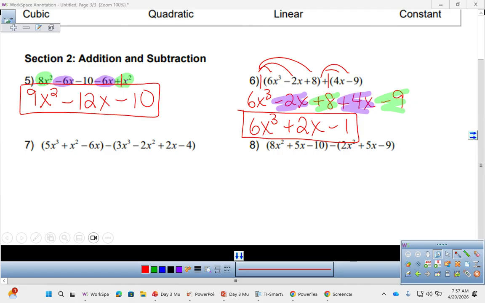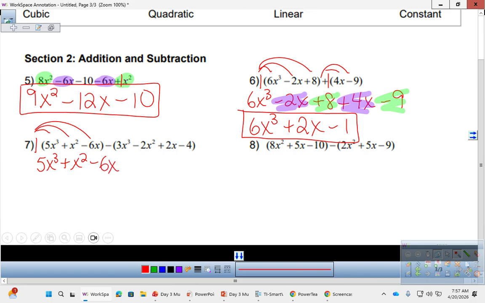There's parentheses. If I want to get rid of the parentheses, I need to distribute, and in this case, there's nothing in front, so I'm distributing a 1. 1 times 5x to the third. 1 times x squared. 1 times negative 6x. And then there's a 1 here, but I'm not really distributing a 1. What am I distributing?